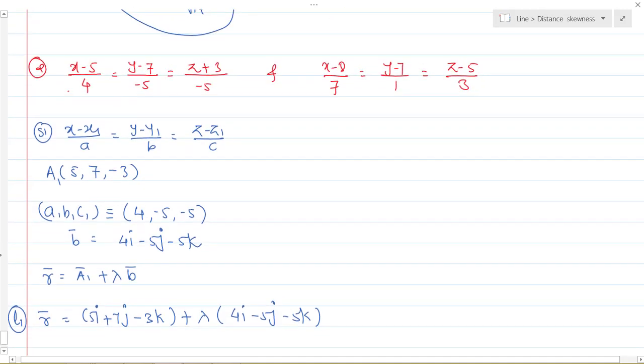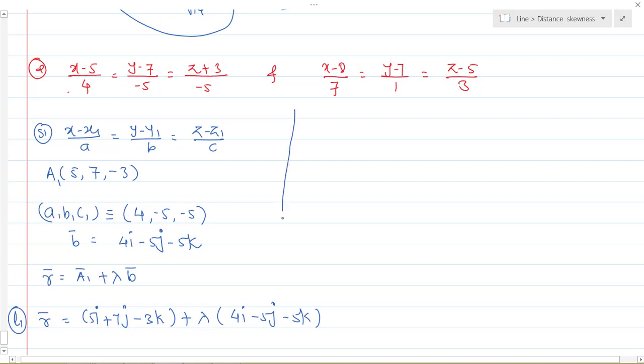Similarly we can find line number 2 with the help of the given Cartesian form. Let's take a2, the point through which the line is passing, which is (8, 7, 5), and the direction ratios of the second line, which are 7, 1, 3.